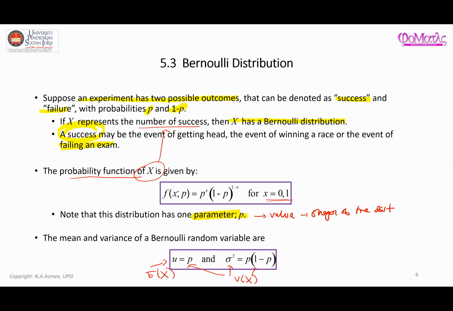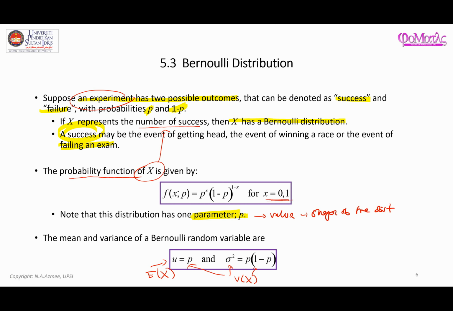Now let us just try to visualize what this really is in terms of a simple tree diagram. I'm going to relate what you have learned in the previous chapter with what we're currently doing right now.